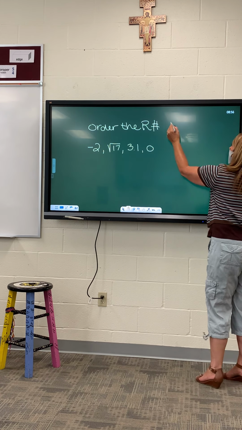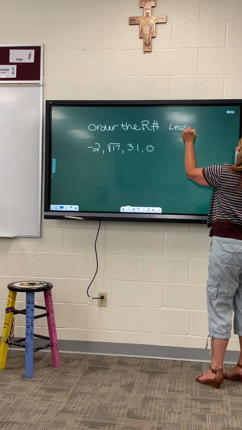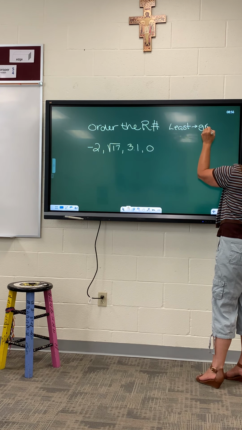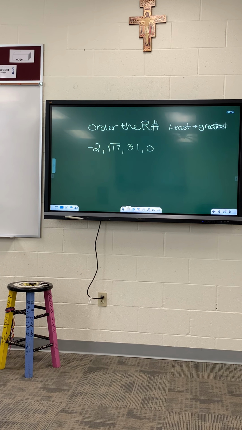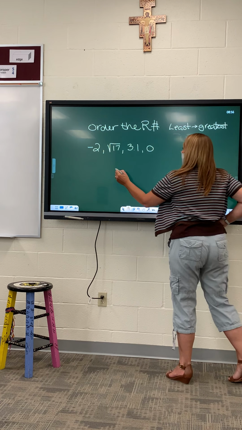Let's go from least to greatest. What do you think? How would you do that? Caleb? Look at the lowest one. -2. Yeah, so we know the negatives come first, that's good.